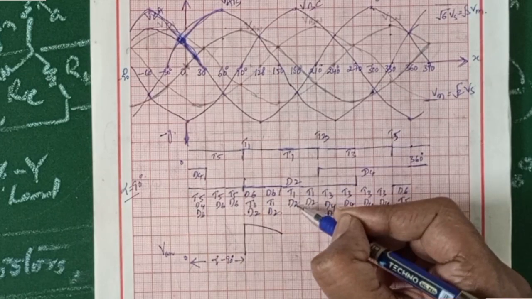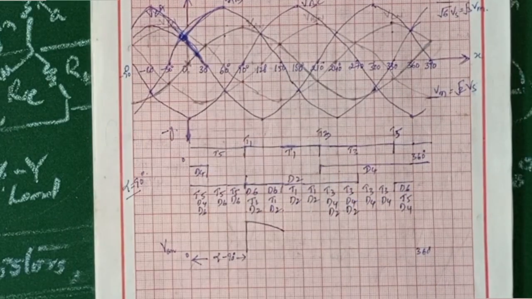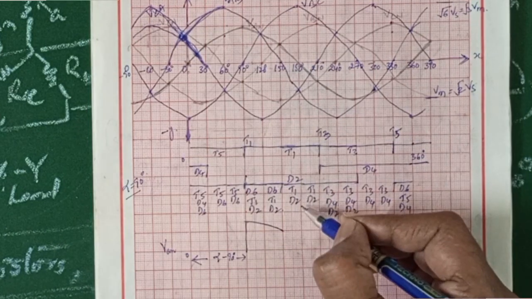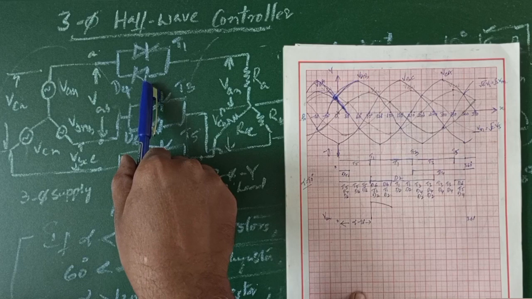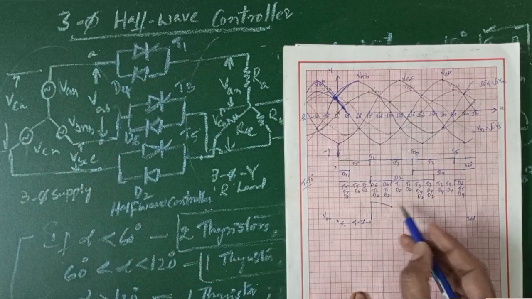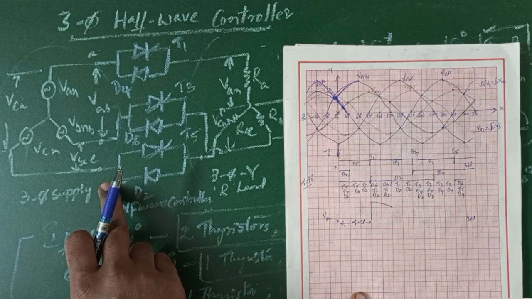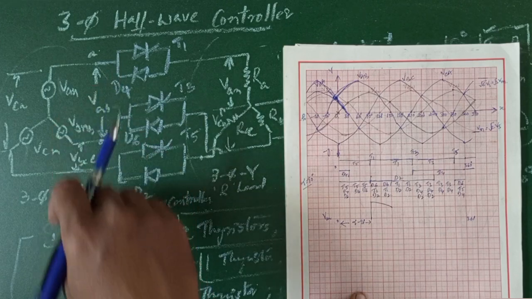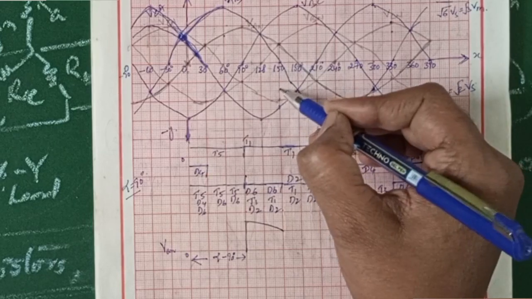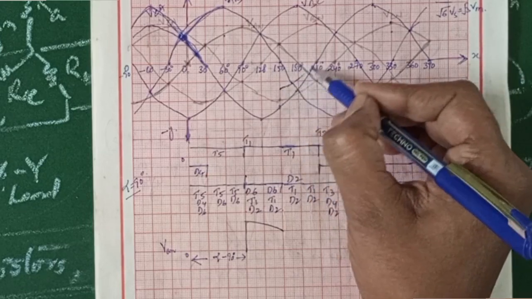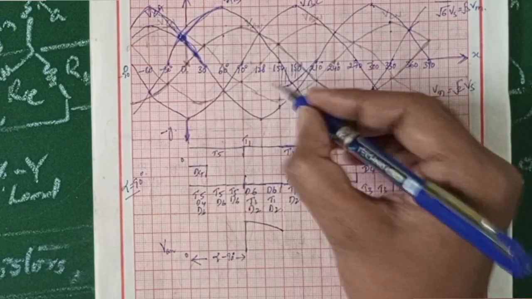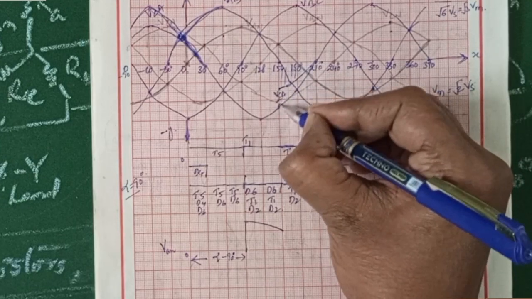Here T1 and D2 are present, which is nothing but 2 devices are in operation. Then the voltage across the load is equal to half of the line-to-line voltage corresponding to the 2 devices, that is T1 and D2. T1 is connected to VA and D2 is connected to VCN. So half of the VCA. This is VCA by 2.